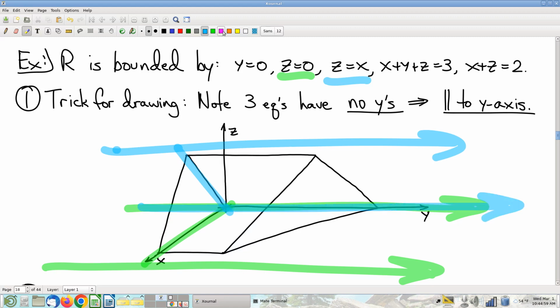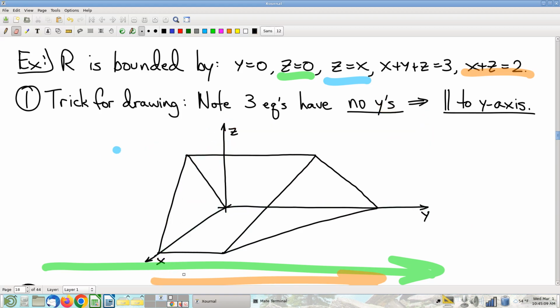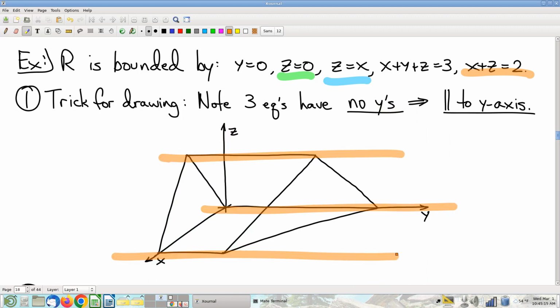And then lastly, this x plus z equals 2. No problem. Drag that parallel to the y-axis. And you can see what we've got then is this kind of prism-looking shape, that you can see right there in the picture.